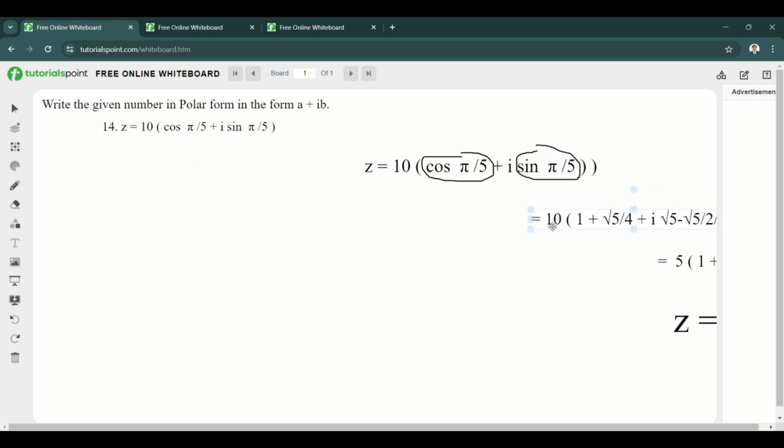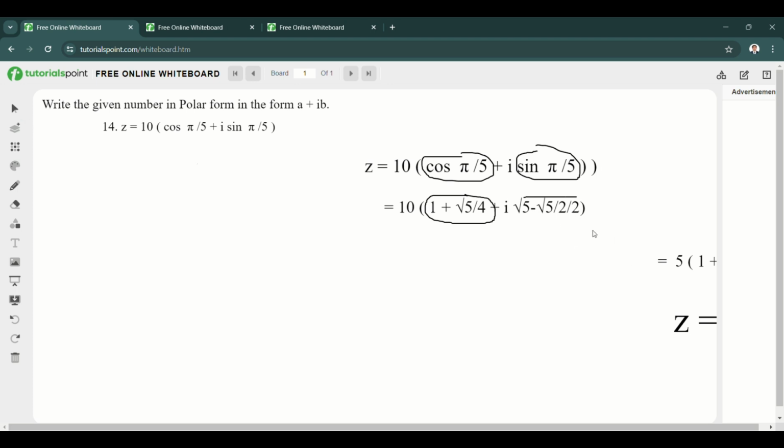After evaluating those values, we will have this value in our calculator, which is 1 plus π over 4 plus i 5 minus 5 square root of 2 over 2.